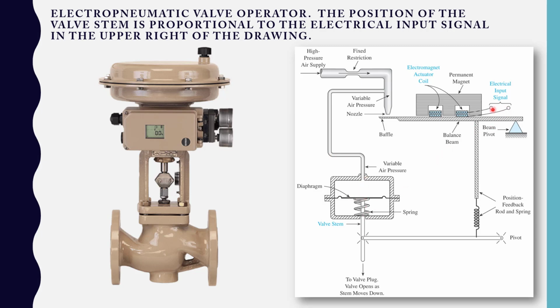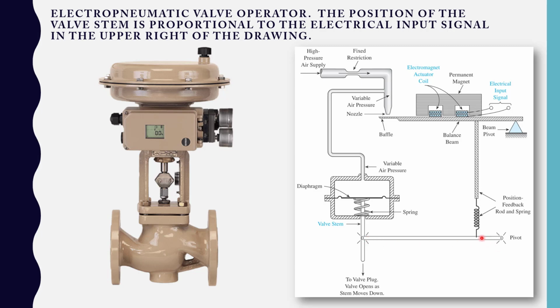But if the signal is strong, then the attraction or repulsion of these magnets is going to cause a greater shift in this one way or the other, causing a greater change in the amount of air going here and consequently a greater change in how much this diaphragm is pushed down, moving the valve and ultimately changing the amount of flow between the inlet and the outlet.